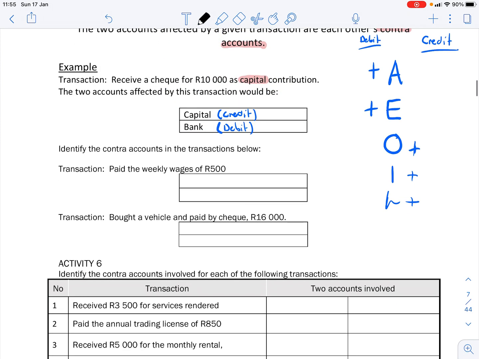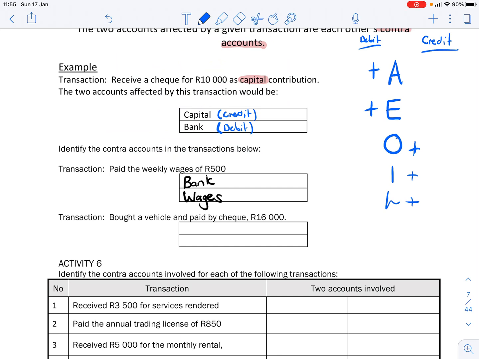we have a transaction where we pay the weekly wages of 500 Rand. We are paying, so bank is involved. And what are we paying? We are paying wages. So those would be the two accounts involved.